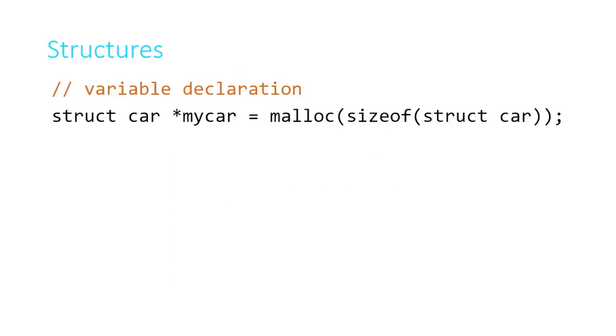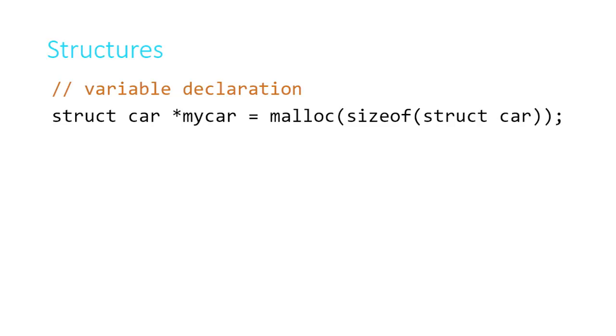So here now, instead of statically declaring a struct car called mycar, I'm going to dynamically allocate a struct car called mycar. So struct car *mycar, and then I'm going to malloc space for a struct car. And here's a cool thing about sizeof. Sizeof is not just built in. It doesn't just happen to know the size of integers, characters, floats, and doubles.